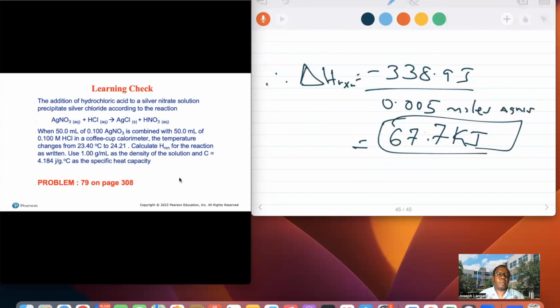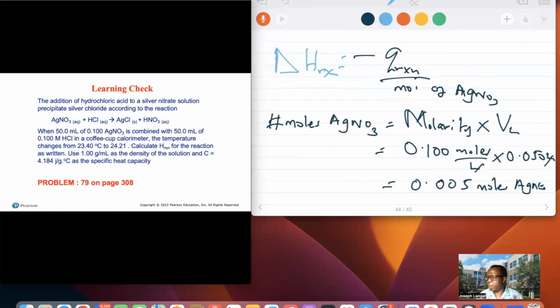Look at problem number 79 on page 308. It's good practice on the calculation for enthalpy for reaction. This is the constant pressure calorimeter. Q for the reaction is the negative Q for the moles of silver nitrate.